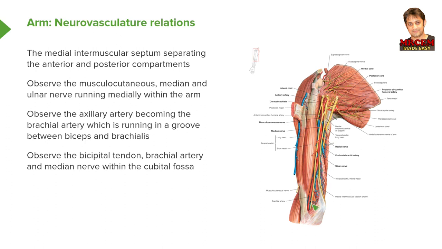We can also observe, if we go towards the anterior aspect of the elbow, the bicipital tendon, which we can see here. And that is forming a roof over the brachial artery and the median nerve. So the brachial artery and the median nerve are running underneath the bicipital aponeurosis and the biceps tendon. And this is the cubital fossa, and we'll cover that in future slides.